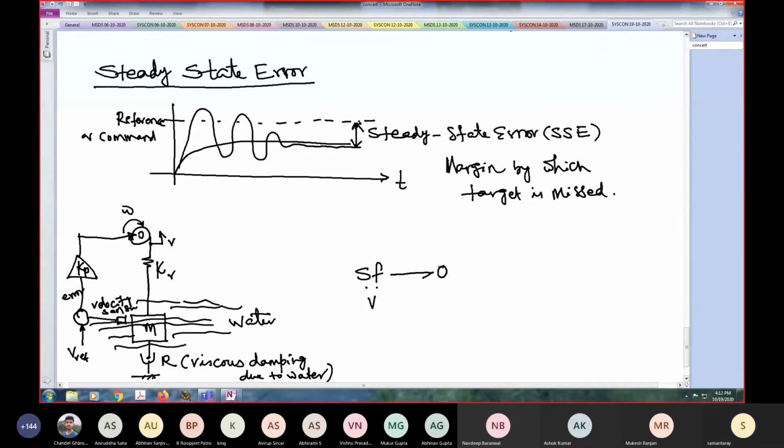Then 0, K_R, then 1, I is to mass M, R is to whatever resistance of water, and you have your flow detector C. This is the sensor. This is my open loop system.